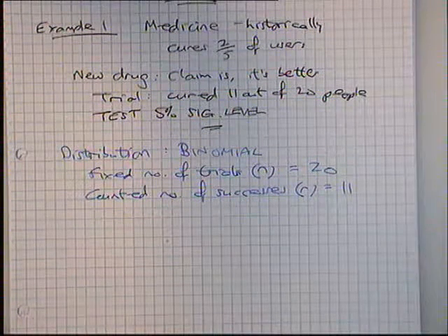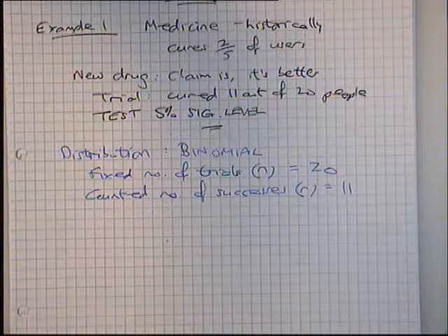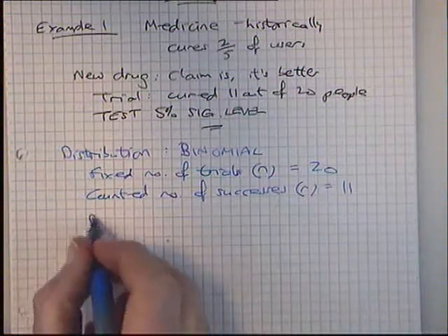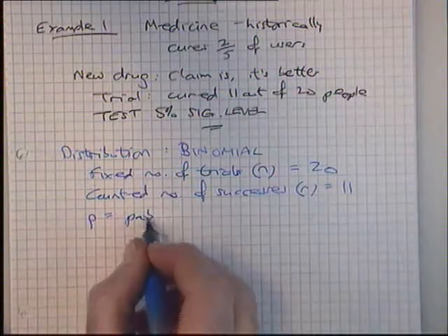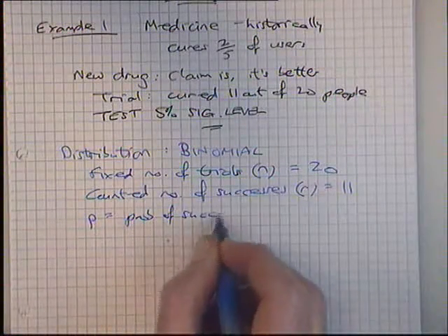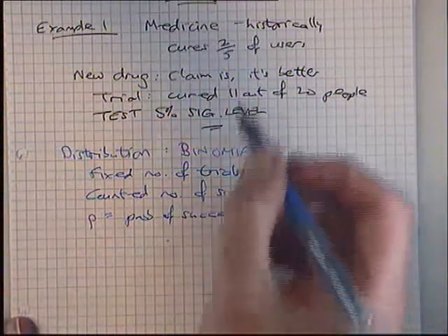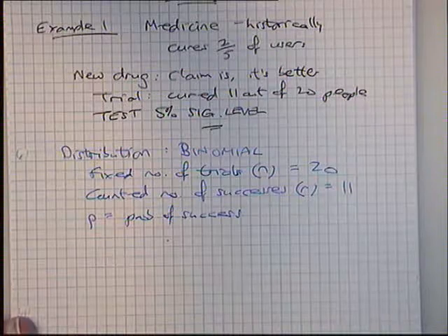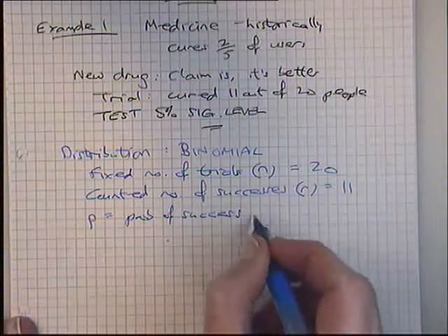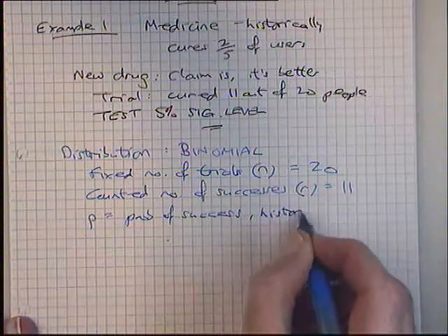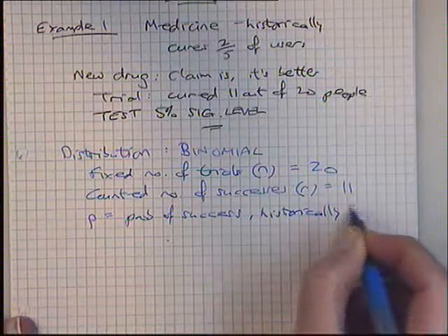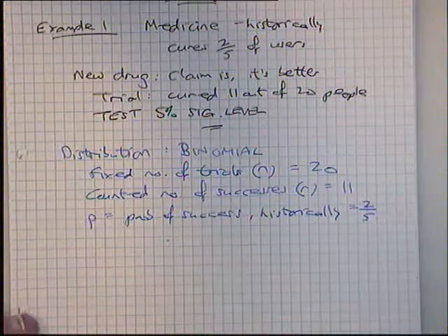What other parameter did we use in the binomial distribution other than n and R? P. So P was the probability of success. Well, all we had to go on initially was it's supposed to be 2/5. So probability of success historically is equal to 2/5.